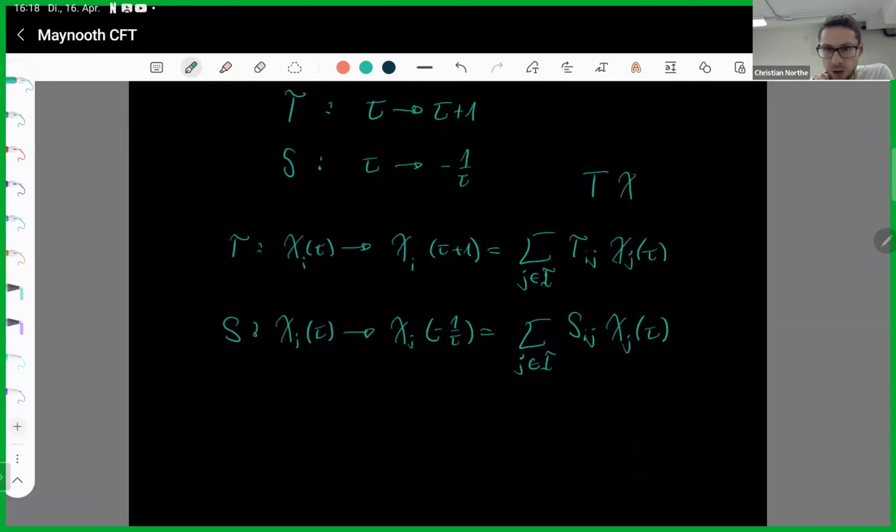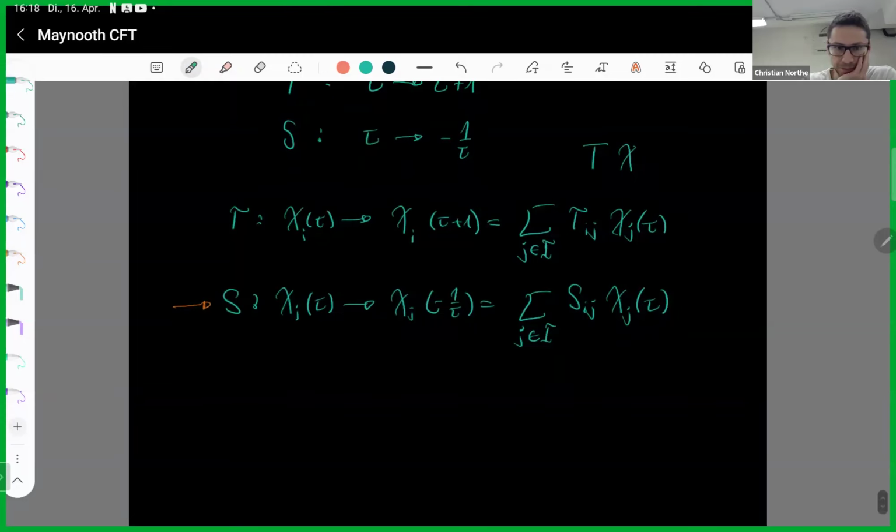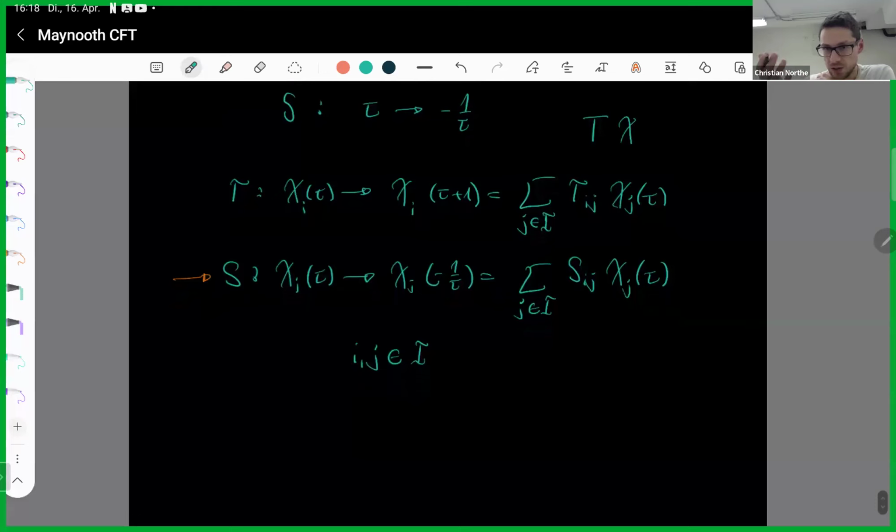They have a number of properties. In particular, capital T is very simple. It's almost a trivial matrix. But the one that is super important here is the S matrix. I and J are both in the set of conformal families. That means for mathematicians here, in the set of conformal representations.